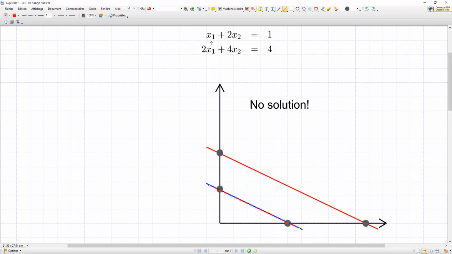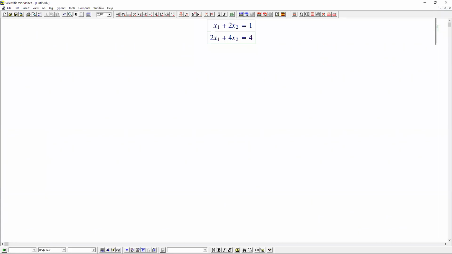So what we want essentially is to have different sets of coefficients. We don't want the coefficients to be just the same set of coefficients multiplied by a scalar. All right. So this is true for a two equation system, but it's going to be true for a higher number of equations as well.